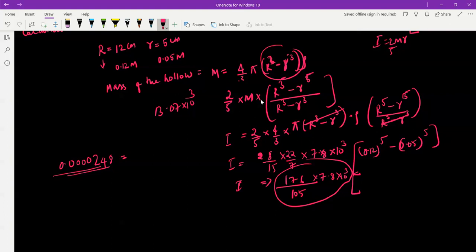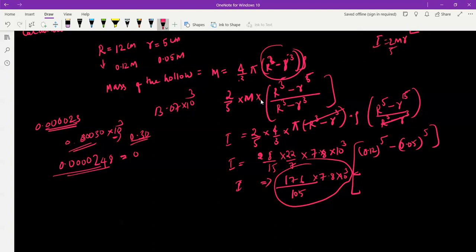0.0023. Okay, let me just check it. 0.3030, into 10 to the power of 3. So if you do it with 10 to the power of 3, it becomes 0.3, right?